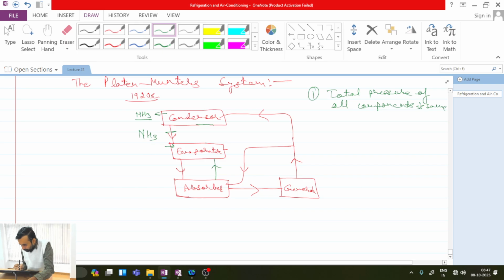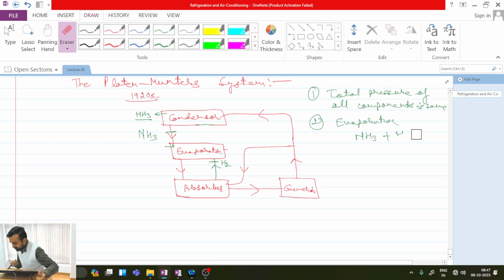But from this side one more thing is coming from the absorber. What is this? This is hydrogen. So in the evaporator, now I have ammonia plus hydrogen.